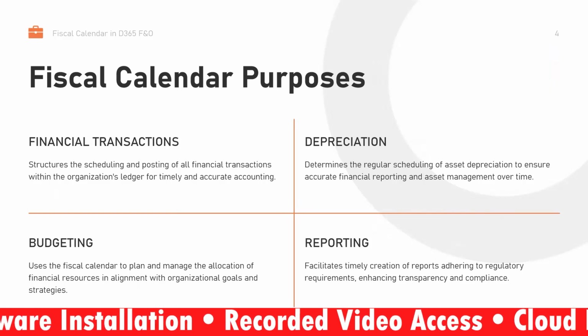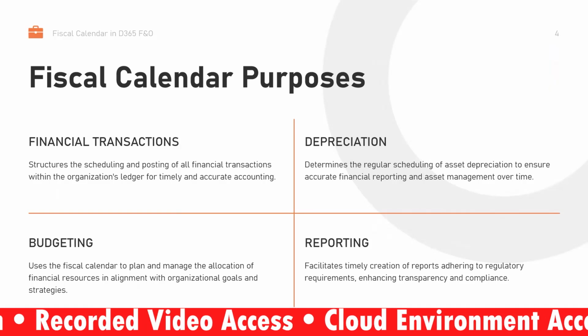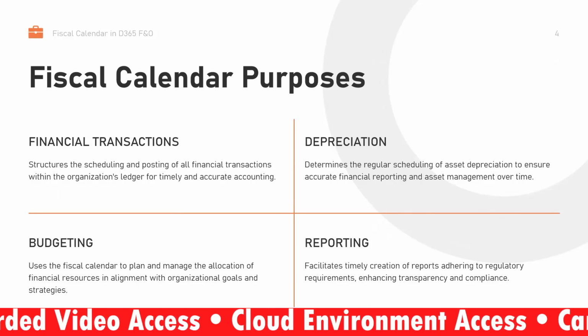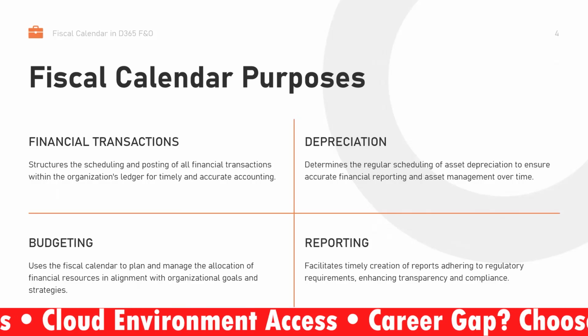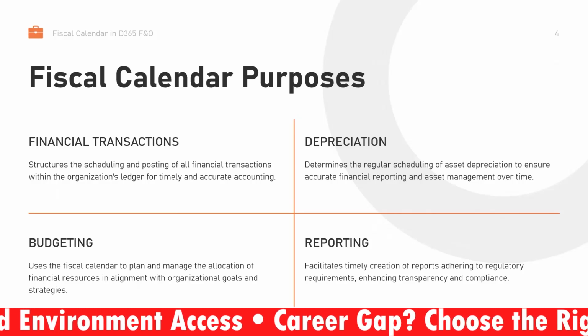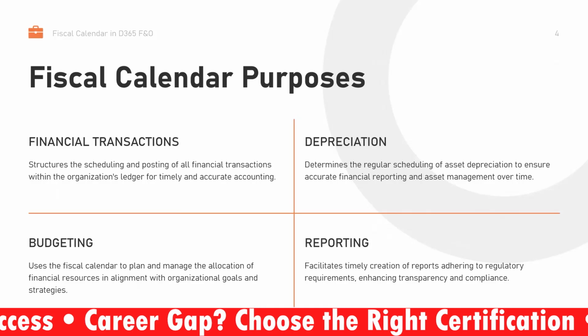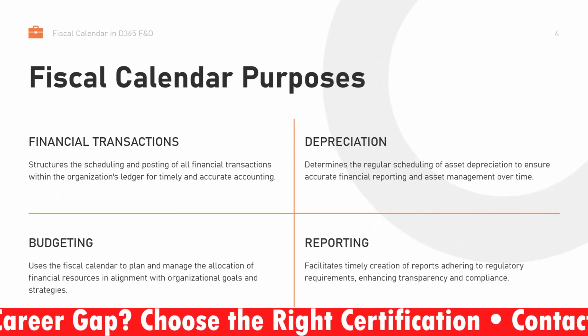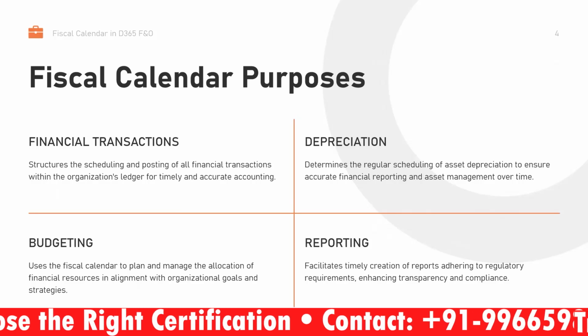Another very important thing is the financial transaction. In day-to-day business operations, we have to record all financial transactions date-wise within the organization. That is one of the important uses. And depreciation: when you have an organization, you will have a list of assets.